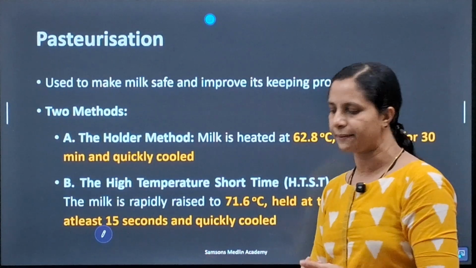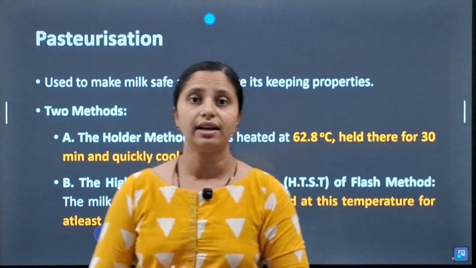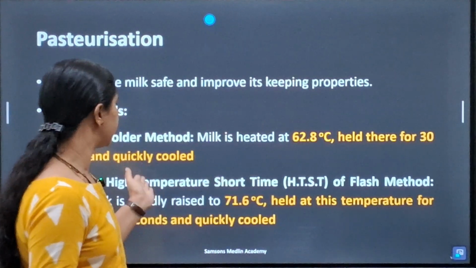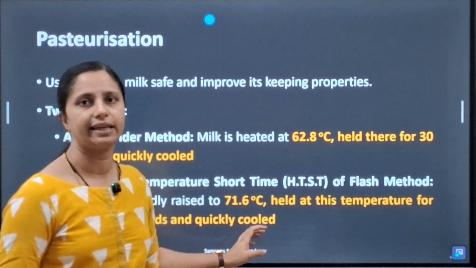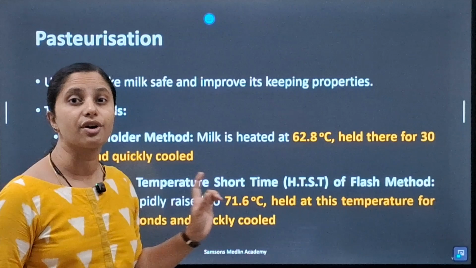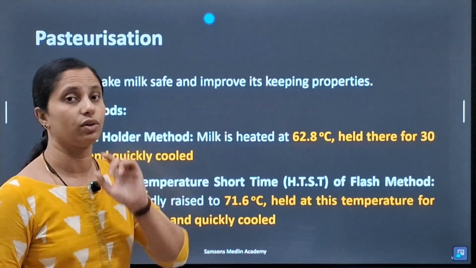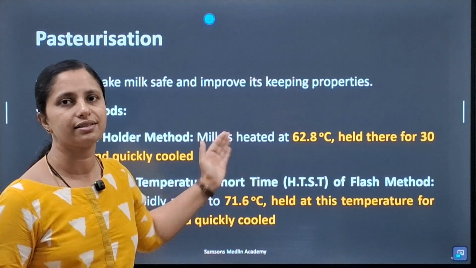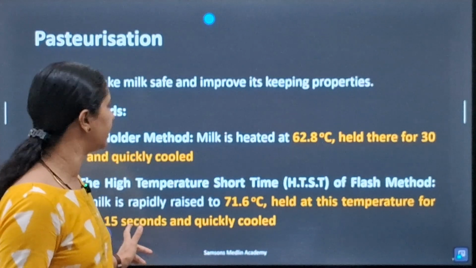So in comparison with the Holder method, flash method is too short. Okay, as the name indicates, it's a flash, that is we are holding milk for a very short time period only, that is 15 seconds compared to 30 minutes for Holder method.